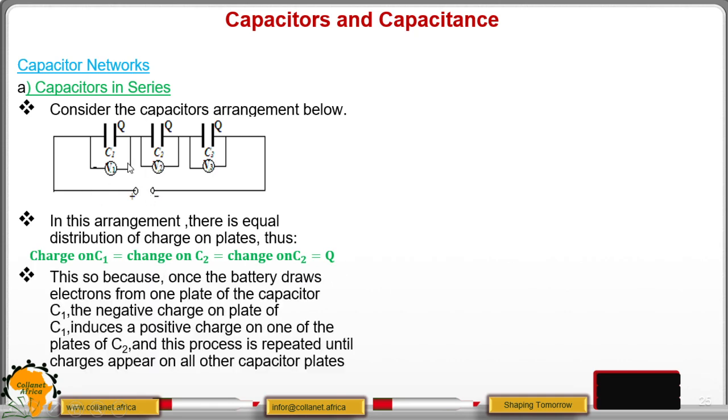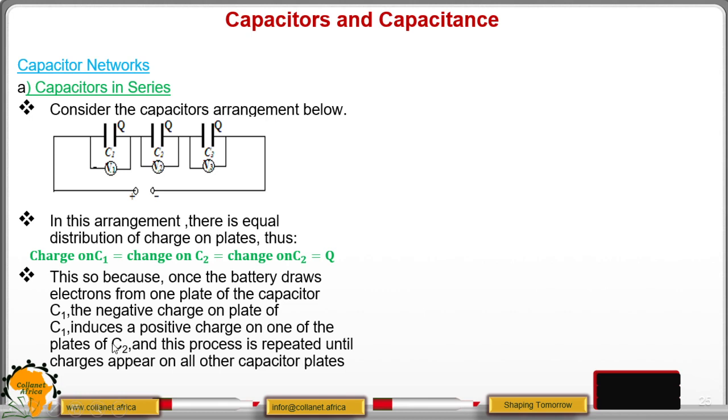But now, why is this the case? This is so because once the battery removes an electron from one plate of the capacitor C1, the negative charge on a plate of C1 will induce a positive charge on one of the plates of C2.